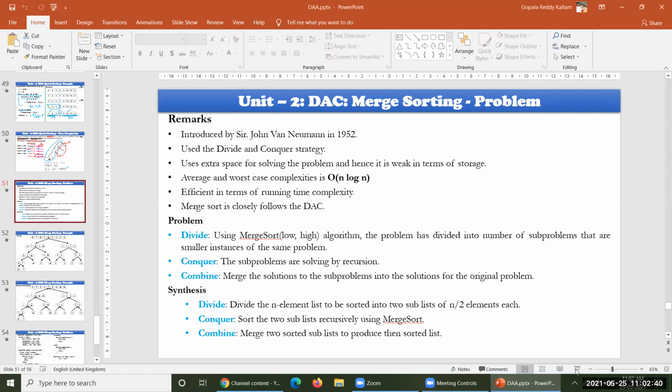It's a very important algorithm, because divide and conquer was actually introduced by the person who introduced this algorithm. He is the pioneer of computer science. After Charles Babbage, the father of computers, he is the father of modern computers, in the sense of computers working with the help of a microprocessor.